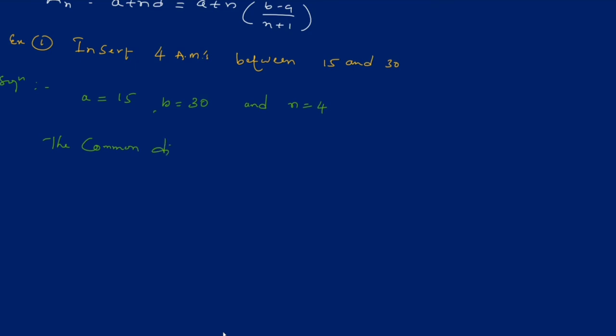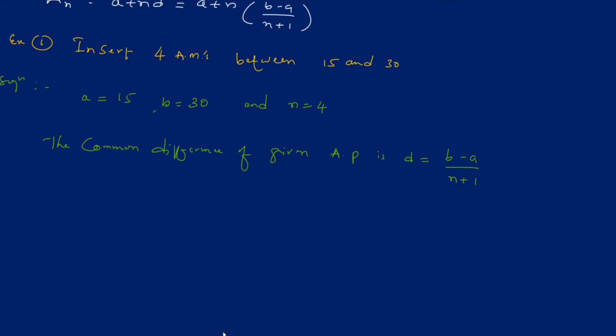Next, the common difference of the given AP is d, which equals (b minus a) upon (n plus 1).